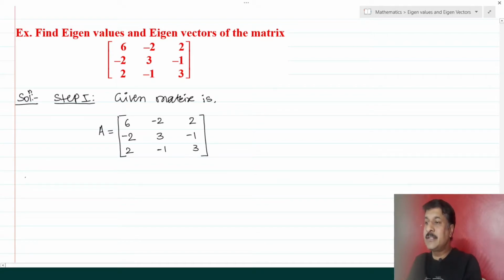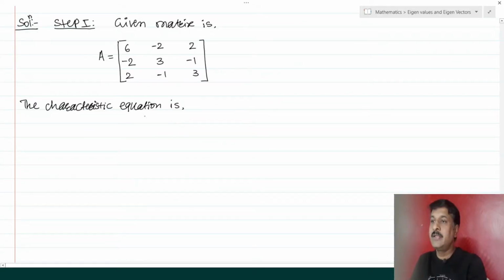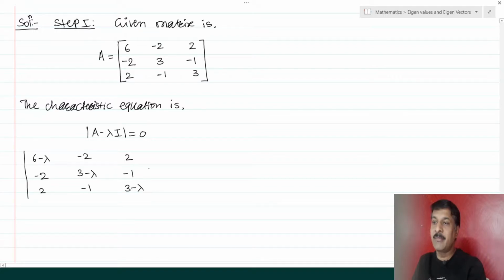The characteristic equation is determinant of A minus lambda I equal to 0, and that is why I am getting here determinant 6 minus lambda, minus 2, 2; minus 2, 3 minus lambda, minus 1; 2, minus 1, 3 minus lambda, and that is equal to 0.